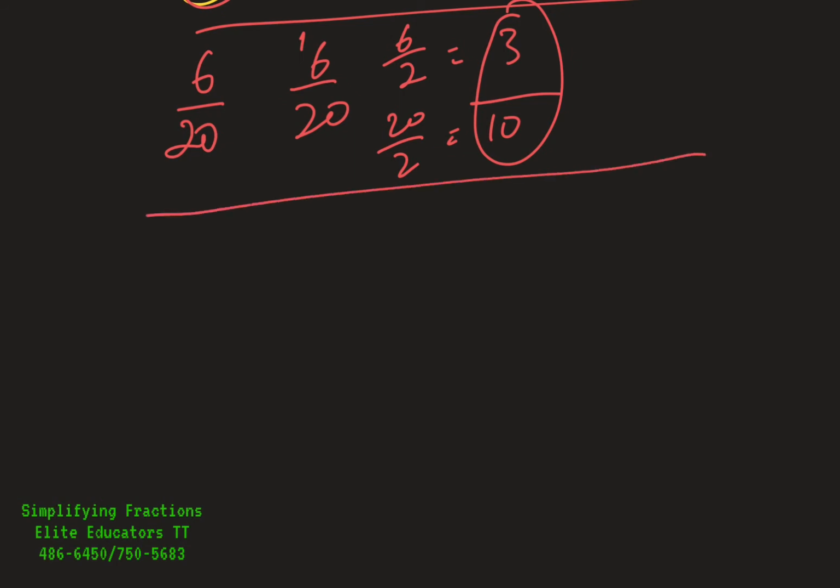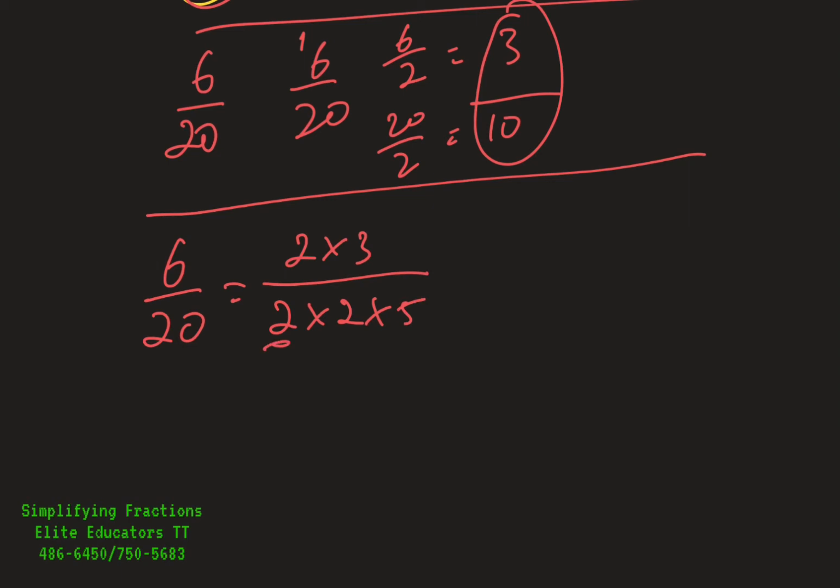However, the other method that they teach that could sometimes get students a bit confused is basically the factorization method, where we have the same 6 over 20. What we have to do is find all of the factors of 6 and all of the factors of 20. So essentially 6 is equivalent to 2 multiplied by 3, and 20 is equivalent to 2 multiplied by 2 multiplied by 5.